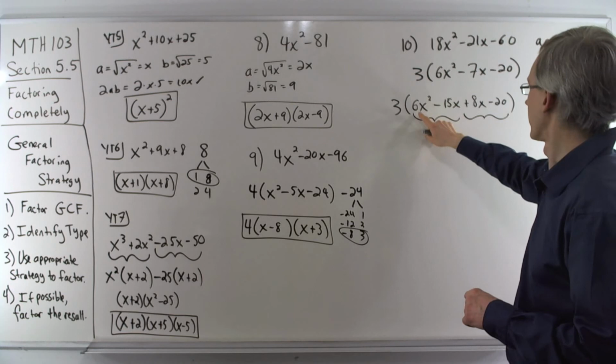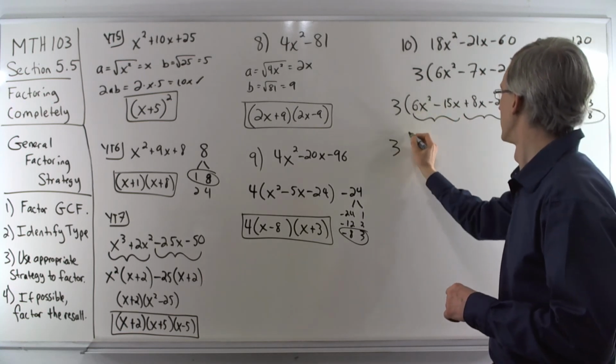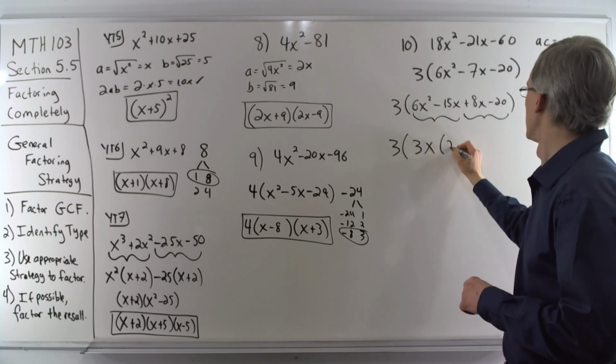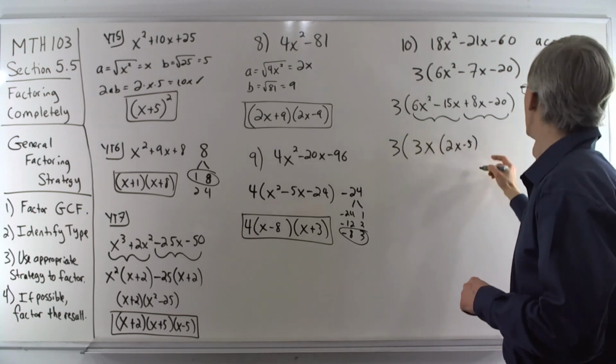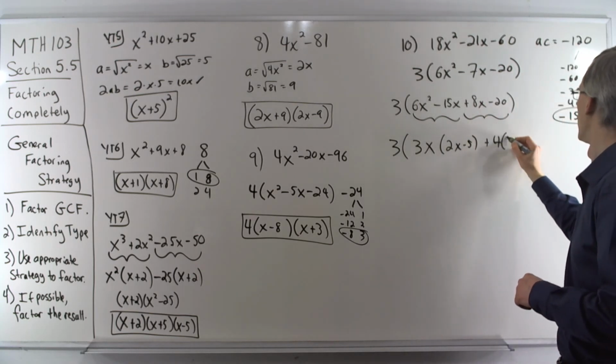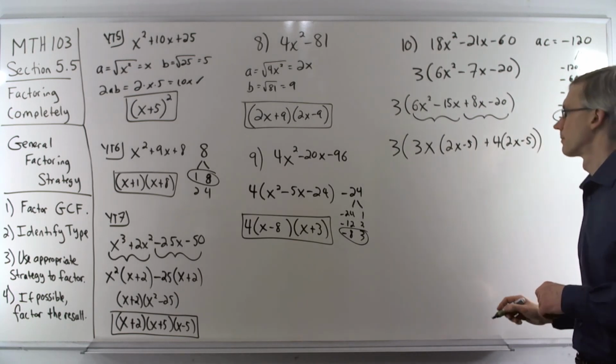And here we've got a common factor between 6 and 15 of 3. So we'll factor out 3x, we get 2x minus 5. And over here we can factor out a 4. And you get 2x minus 5. So there's our matching binomials.